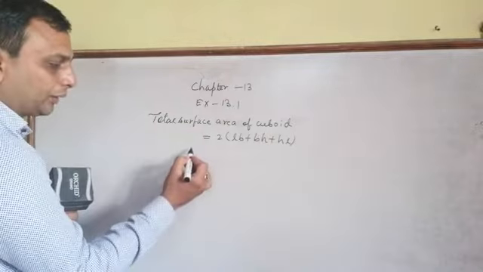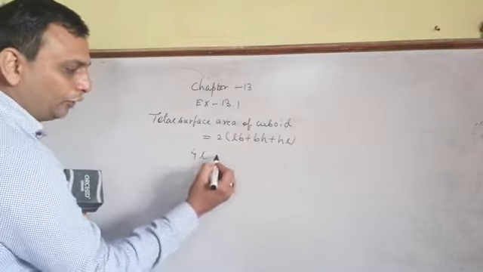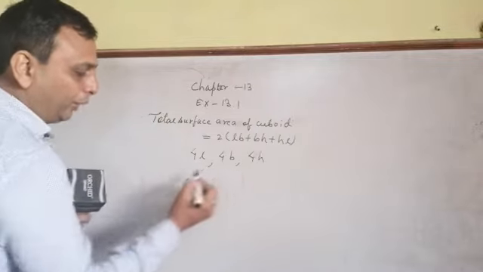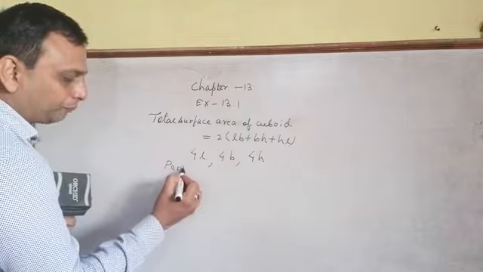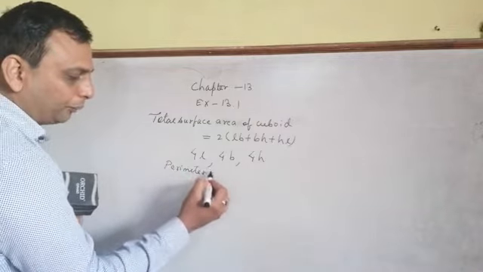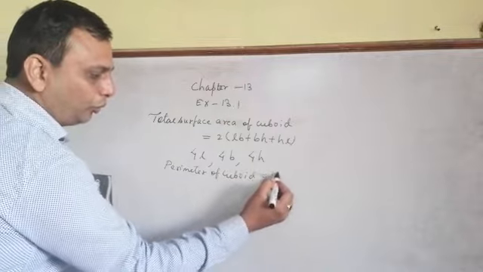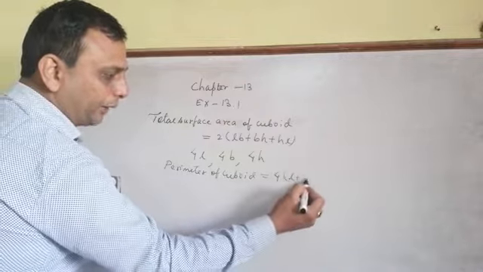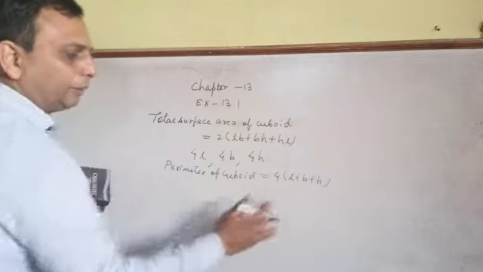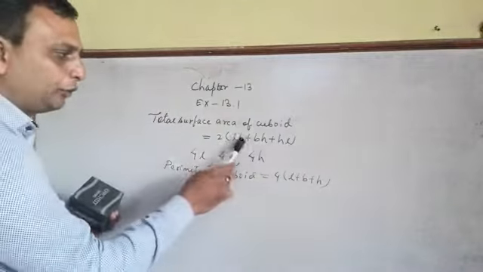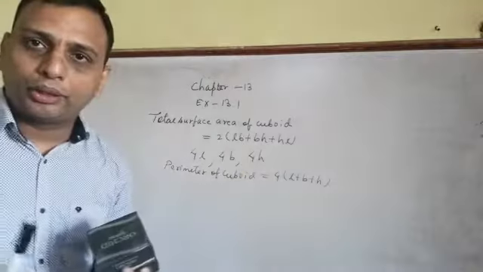The cuboid consists of four lengths, four widths, and four heights. So when we have to find the perimeter of the cuboid, what will we do? We will take 4 multiplied by (length plus breadth plus height). This will be the formula to find the perimeter of the cuboid, and this will be the formula to find the total surface area of the cuboid.